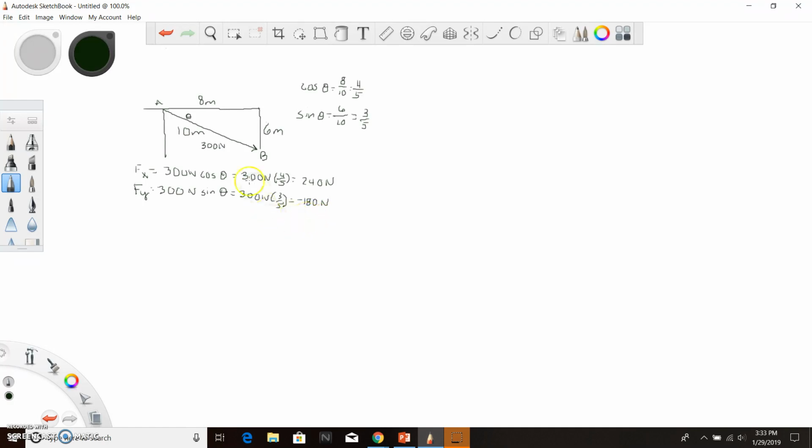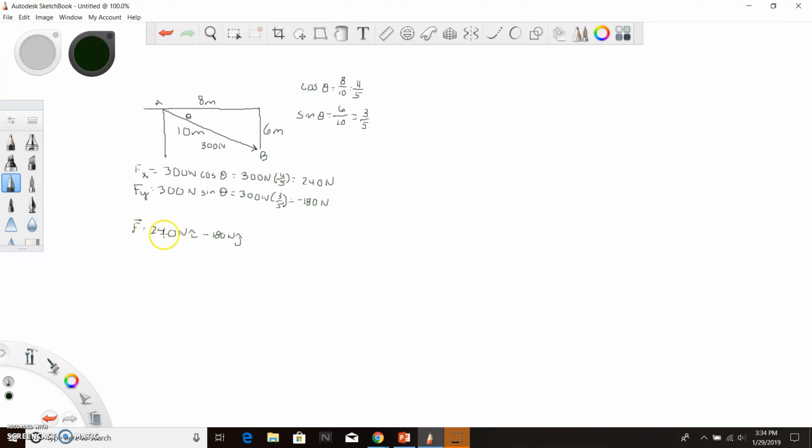Okay, so one other way I can list this force, instead of just saying 300 newtons at that angle, is to put it into that Cartesian vector notation, where we just note the components. So I'm going to say force F is equal to 240 newtons i hat minus 180 newtons j hat.